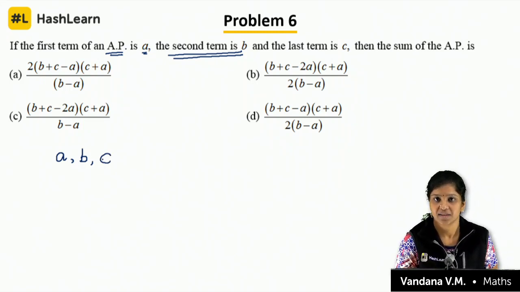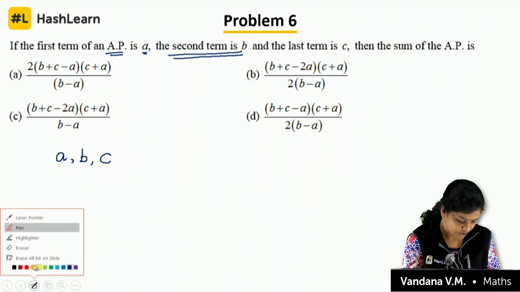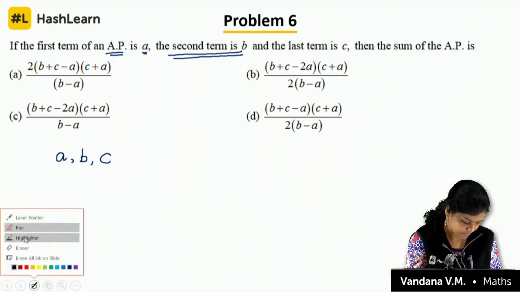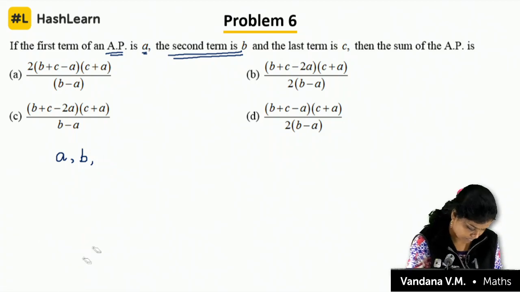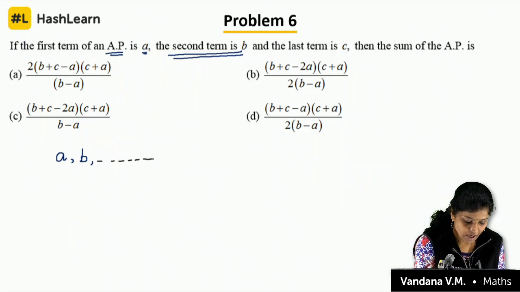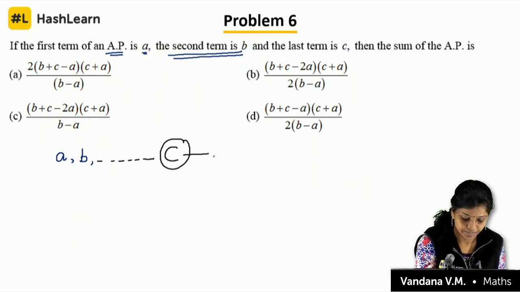They are not telling us that it's the third term. The last term, maybe between some terms it would have been given. We don't know. So, the last term is C. This is your last term.